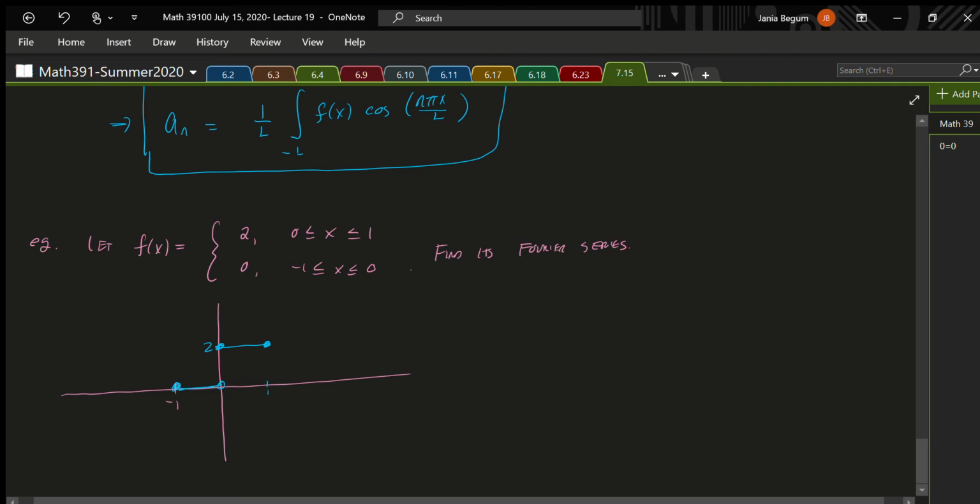So this is 1 period, right? So this is 2L. So what is L then?